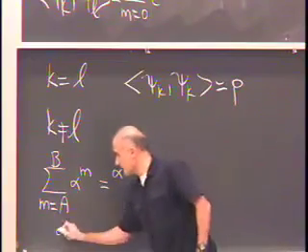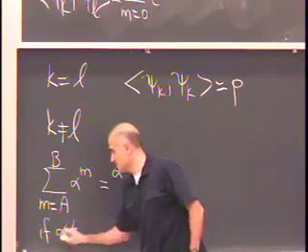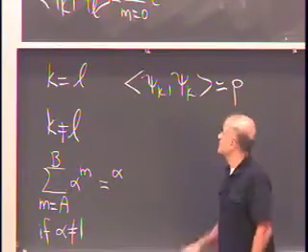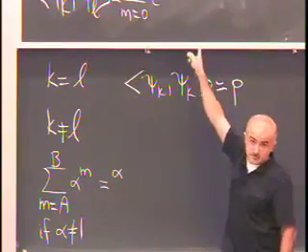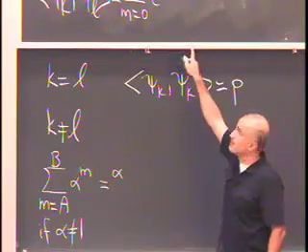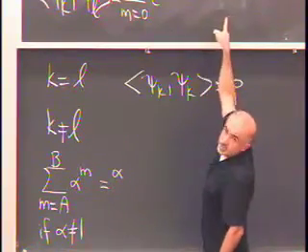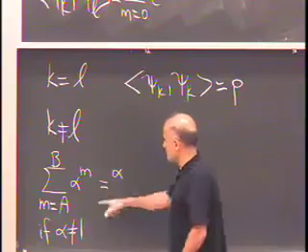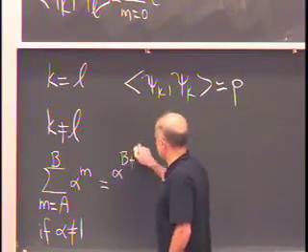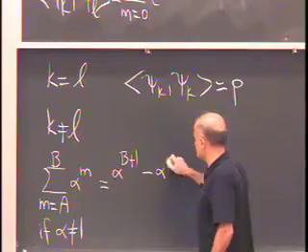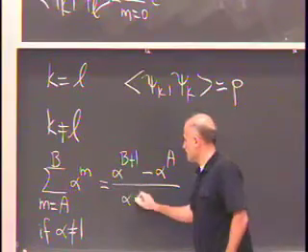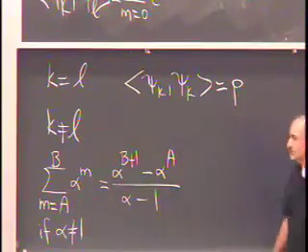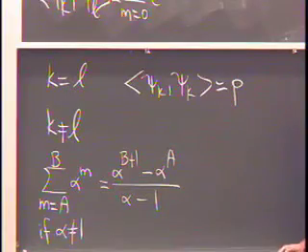If alpha is not equal to 1, and that's the case when k is not equal to L, whatever I'm taking to the mth power is not 1. This is going to be alpha to the b plus 1 minus alpha to the a over alpha minus 1. This is a finite sum you know probably from high school. And if you don't, I can derive it for you at the beginning of next lecture.